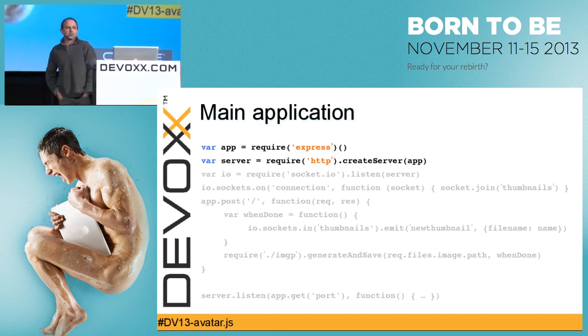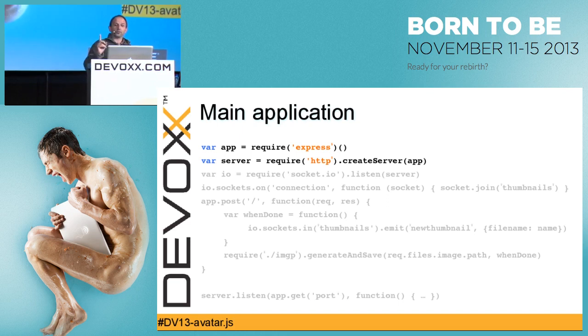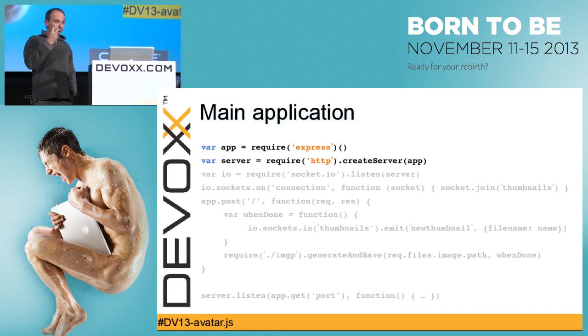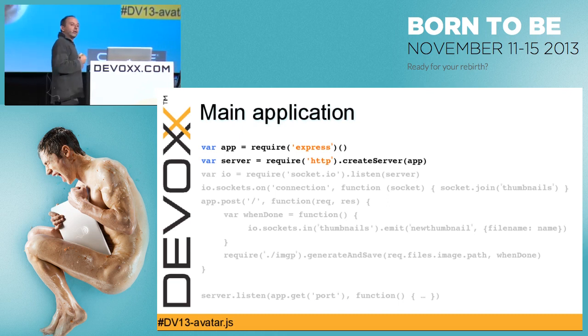And the last slide, to explain a bit how this demo has been developed, a simplified main application. First of all, we are requiring Express. This is the MVC framework.